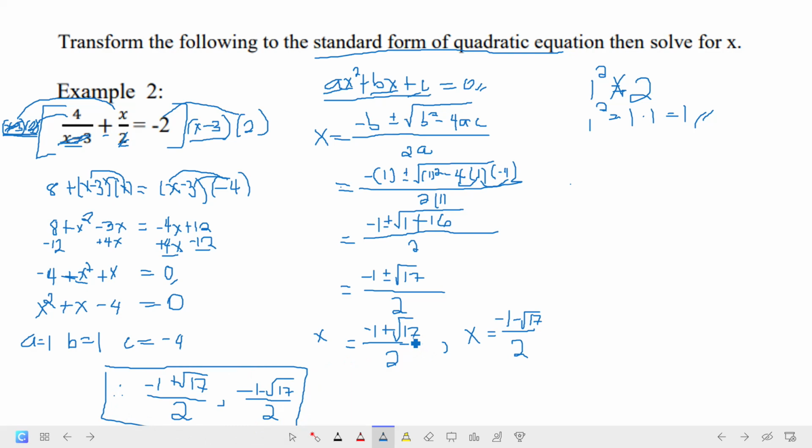And we notice also 17 is a prime number. Therefore, there's no way to simplify it unless you will use the decimal form. Okay, so no need to use the decimal point. It is now accepted to use the simplified square root of 17. All right, so that's it.